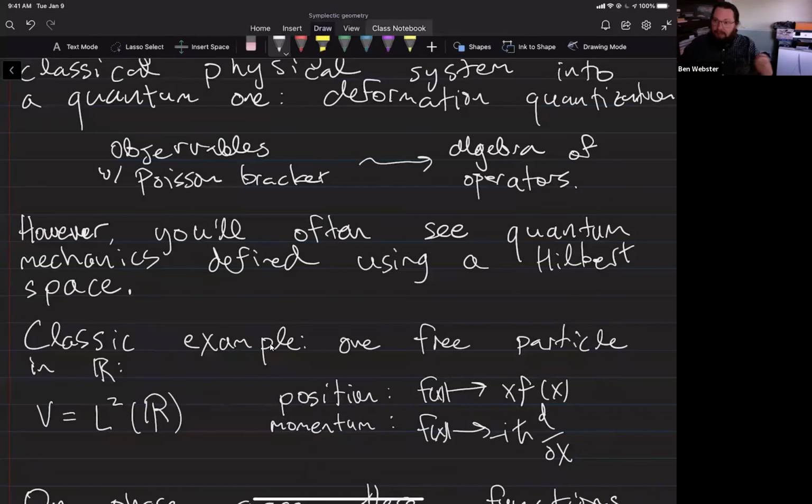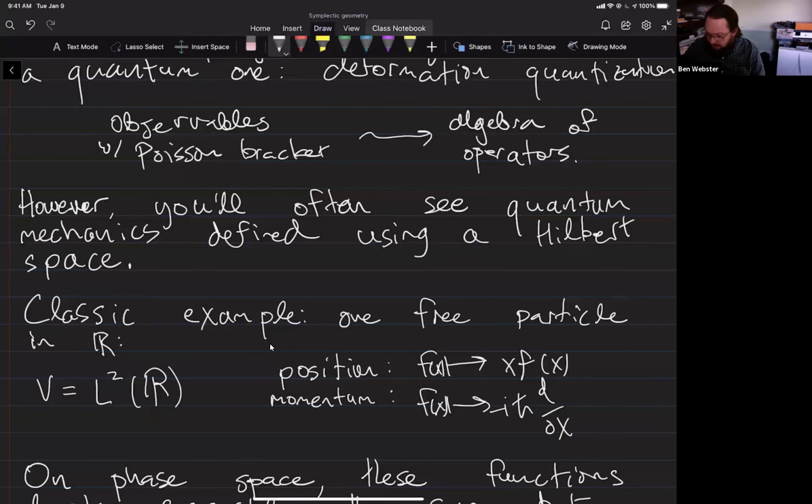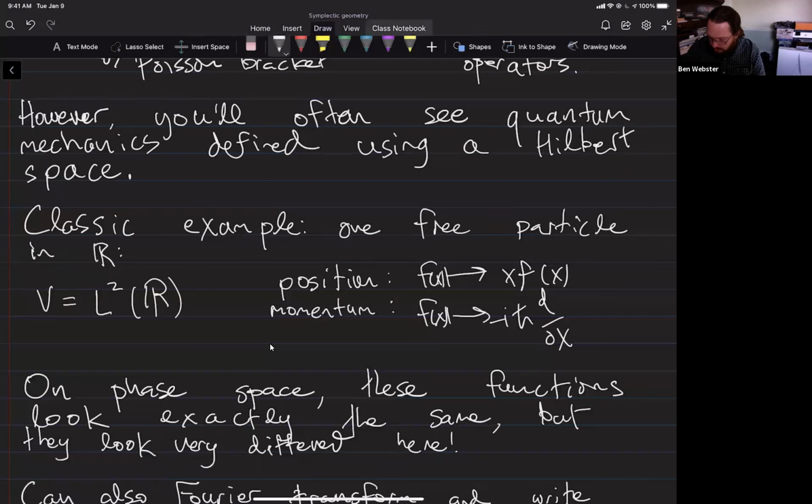When I write L2 of R, I'm always going to take function spaces with complex values. So this is L2 of R mapping into C: complex valued functions on the real line which are square integrable. Those describe states that your particle could be in.